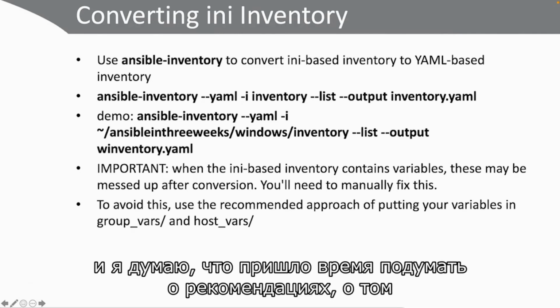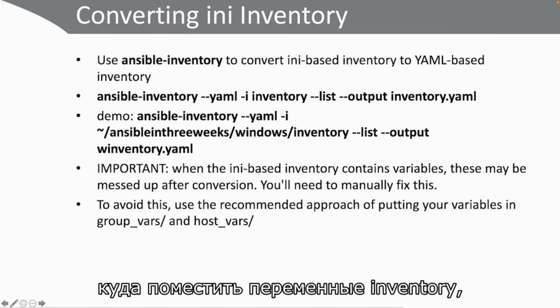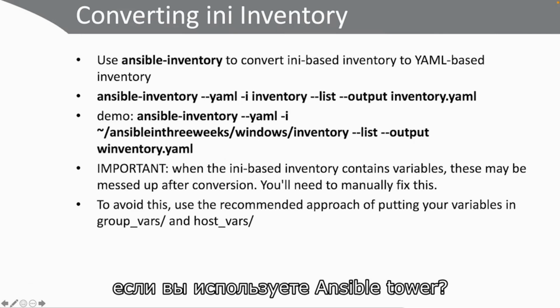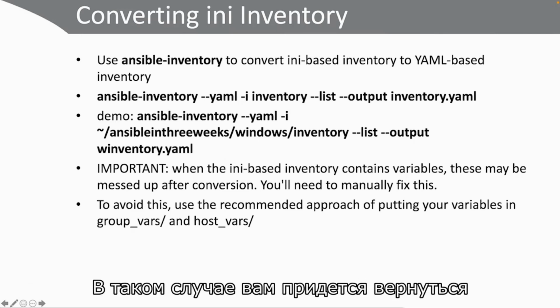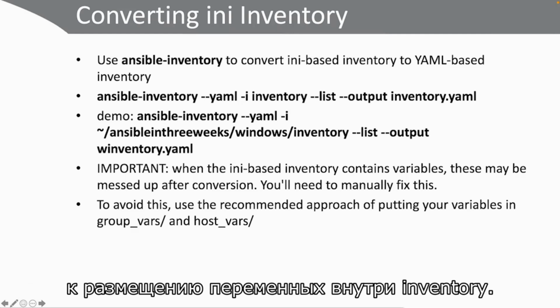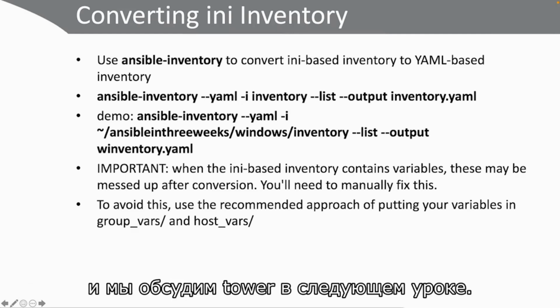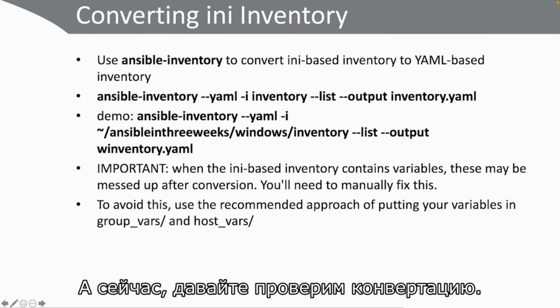I think it's time to think about the recommendation where to put your inventory variables, because how are you going to use group_vars and host_vars if you are using Ansible Tower? Then you might need to get back to inventory-based variables anyway. So that is really something to think about, but more about Tower in the next lesson. For now, let's check out this conversion.